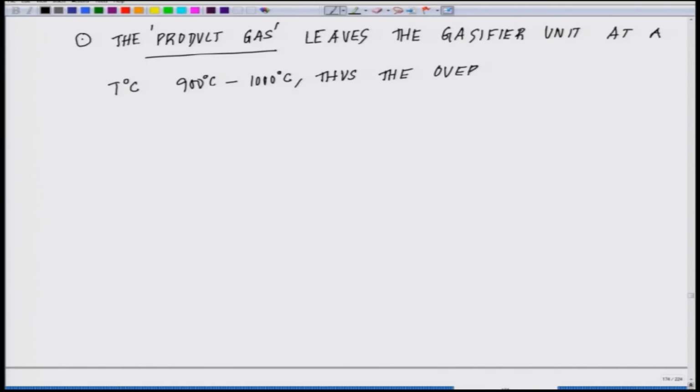Thus, as I mentioned in the previous class, the overall efficiency of the system is low. Overall efficiency of the DDG, DD stands for downdrift, DDG stands for downdrift gasifier, is low as compared to updrift. So, this is the first take home message.